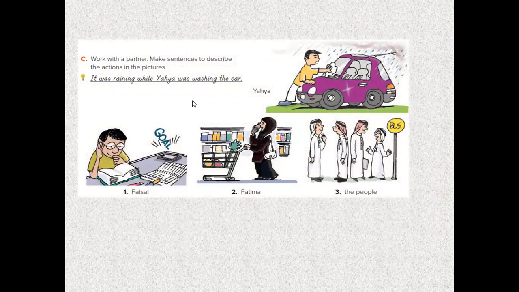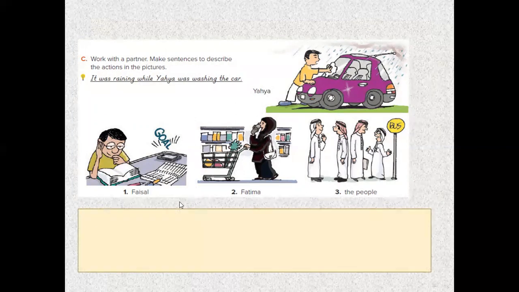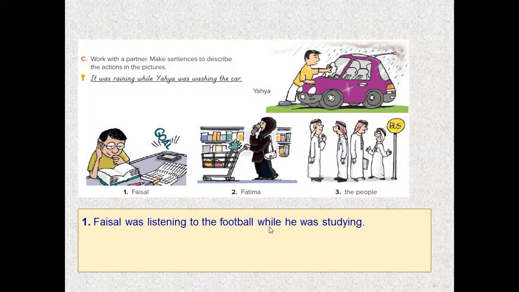Now, make sentences to describe the actions in the picture. For example, it was raining while Yahya was washing the car. Number 1, Faisal was listening to the football match while he was studying.